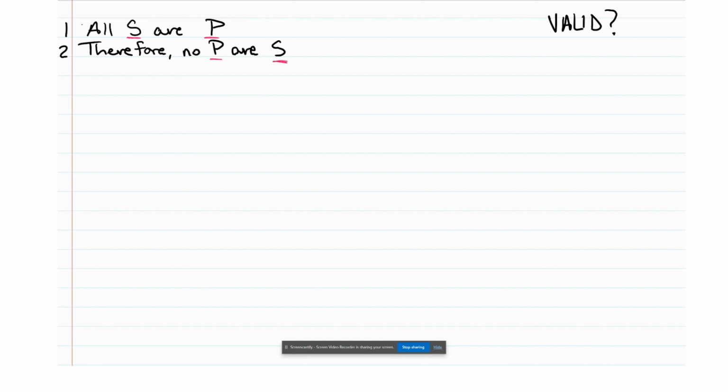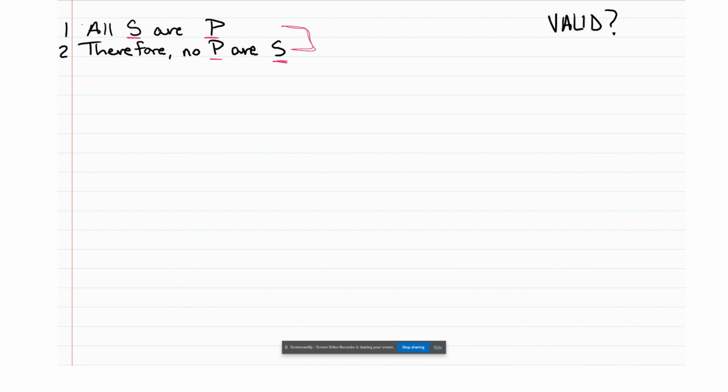Even though they're out of order, like we talked about in the previous video, the order here doesn't matter for determining what categories we're going to use for our Venn diagrams. They matter in terms of the argument, right? So we're asking, is an argument where the order of the subject and predicate is switched valid? So that's the question that we have here. But for just creating Venn diagrams, our order of categories doesn't matter. So we just need to know that we have two and what those two are.